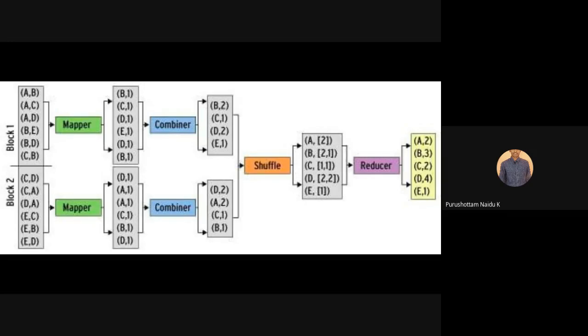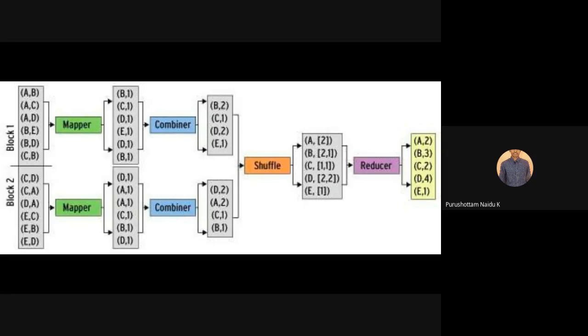It means if you're getting a huge amount of data as output of the mapper, sending that huge amount of data from the mapper to the reducer can take more time. So if you can summarize the output of the mapper by using the combiner, then automatically it can reduce the load on the network.